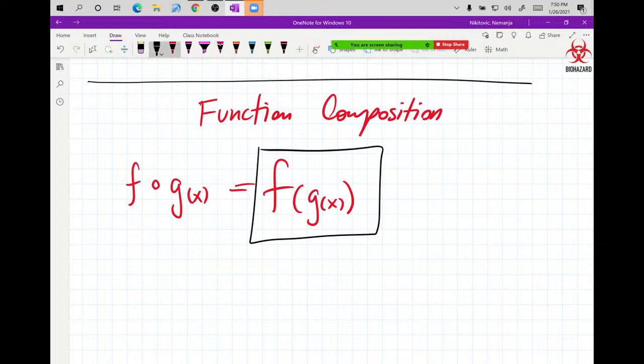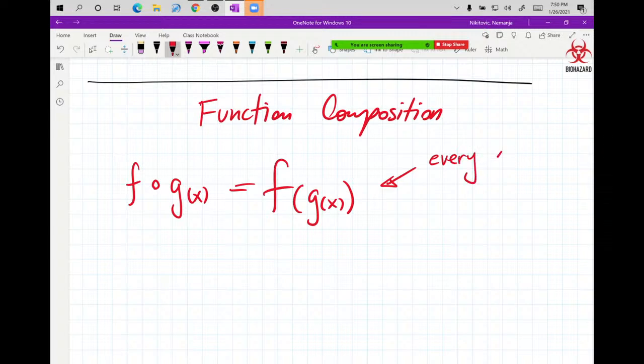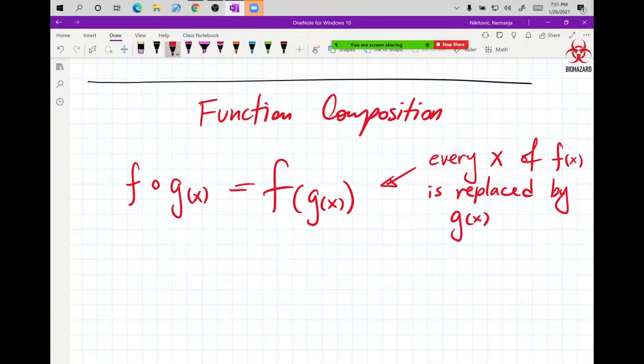And there is a very nice way to say this. Every x of f is replaced by g of x. And that's your function composition.